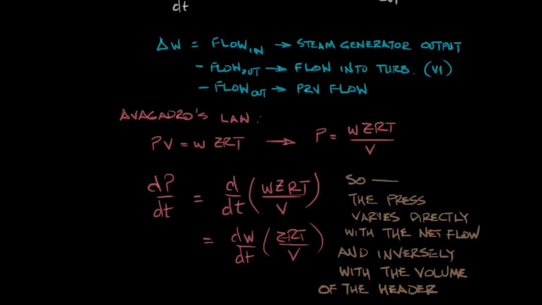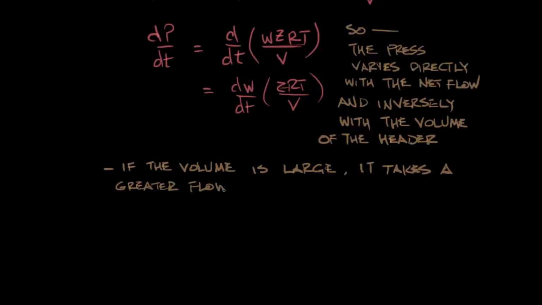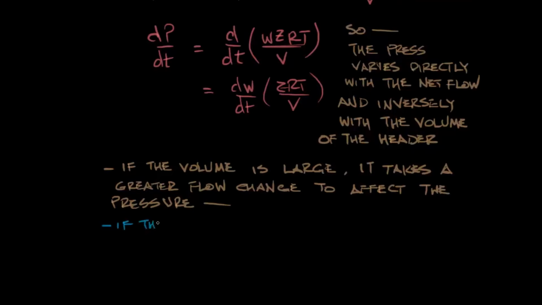So if you have a very large header, a large volume, that's going to mean that for a given flow change, you won't have as big a change in the pressure. Likewise, a smaller header is going to make the pressure move more significantly with the same change in flow.